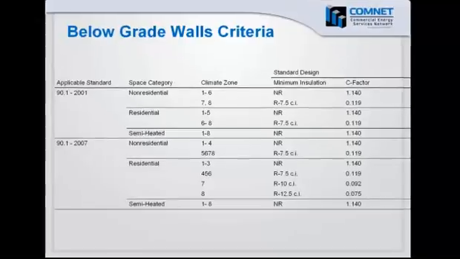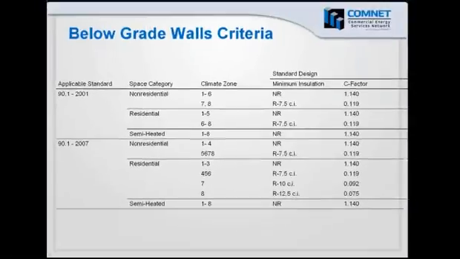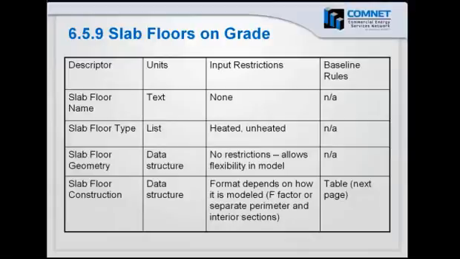So here you have a minimum insulation requirement as well as the C factor for the below grade wall. Slab on grade, there's a few similar building descriptors. We have the floor type, which is either heated or unheated. The slab floor geometry, there's no restrictions in that as well.